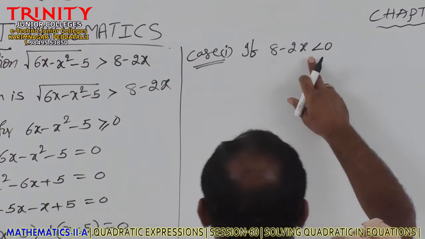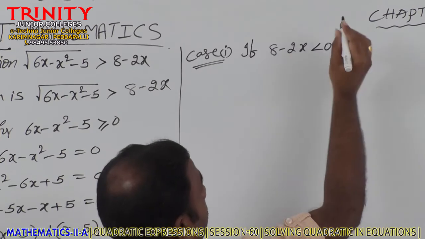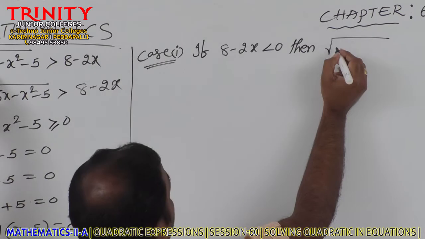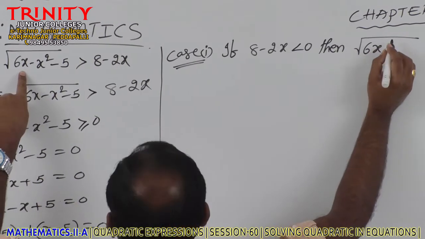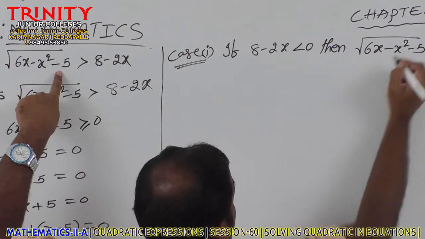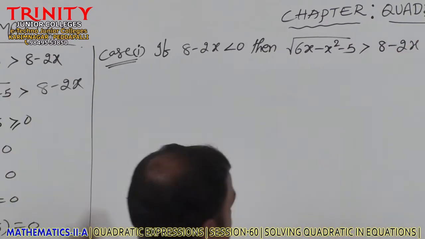If 8 − 2x < 0, then √(6x − x² − 5) > 8 − 2x or not.